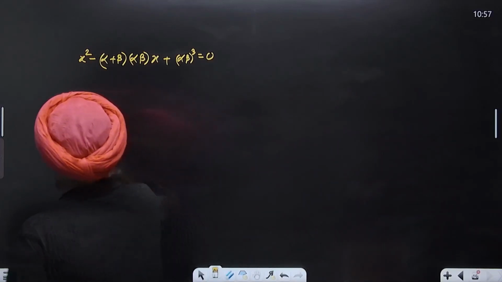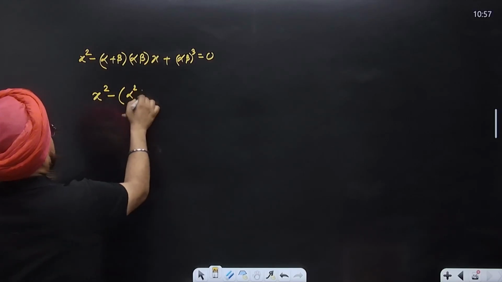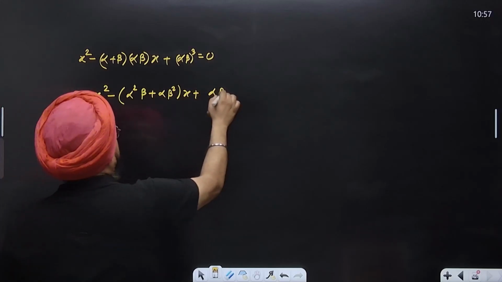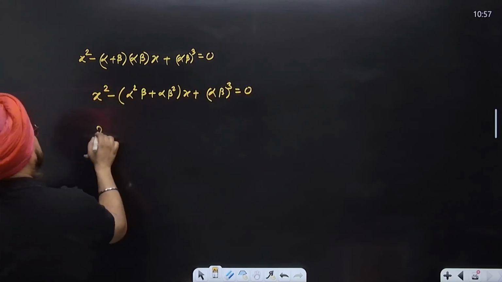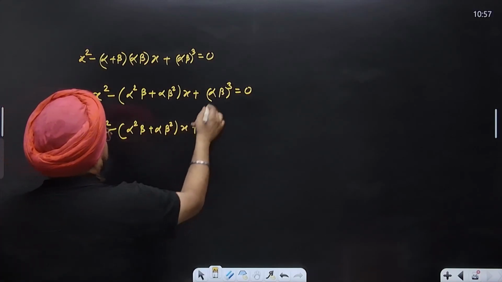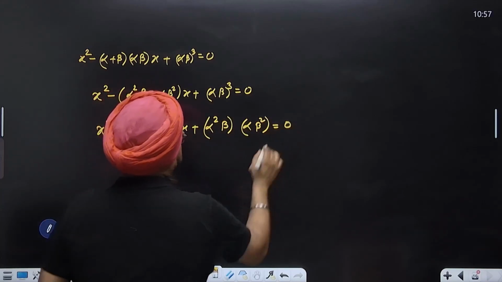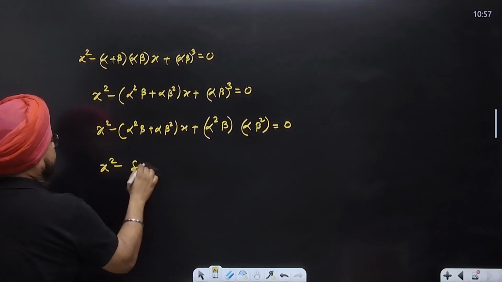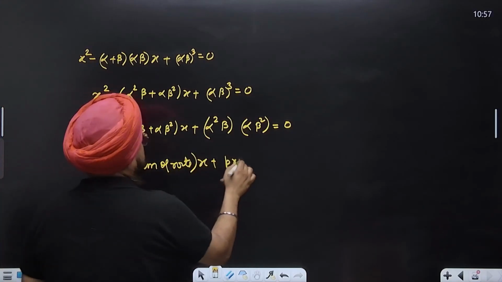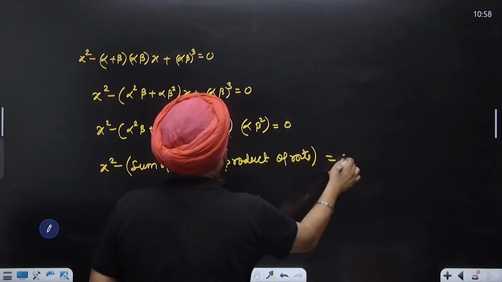Now what I am changing, x square minus, by multiplying, alpha square beta plus alpha beta square x and alpha beta cube. See, now I think everyone is getting it. I can write alpha beta cube as alpha square beta into alpha beta square. So what is written is x square minus sum of the roots into x plus product of roots is equal to 0.